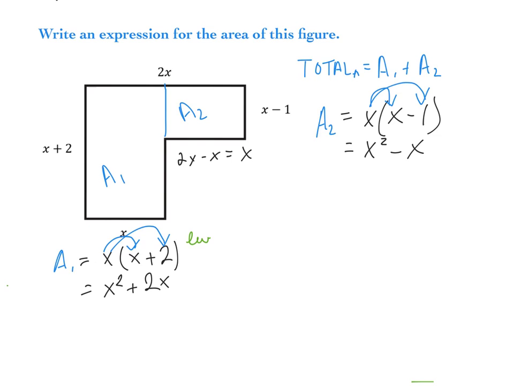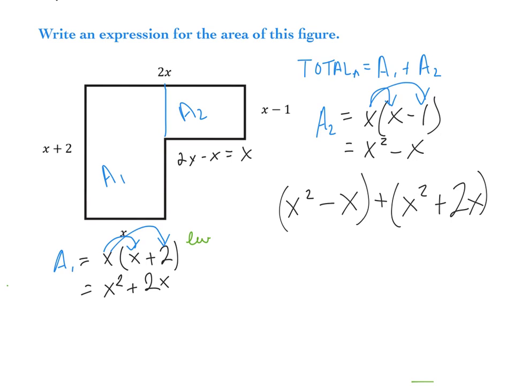So the expression is going to be x squared minus x plus x squared plus 2x.